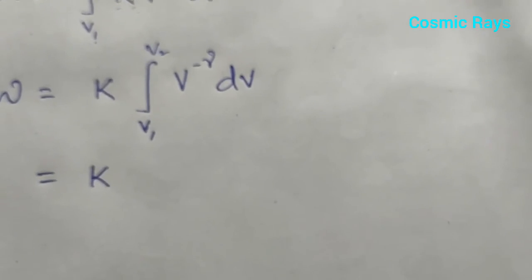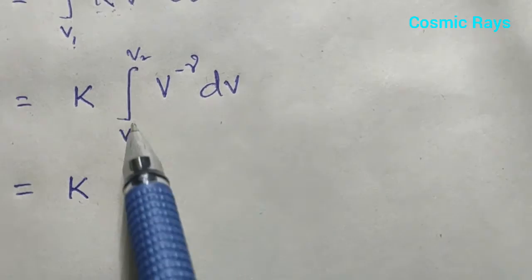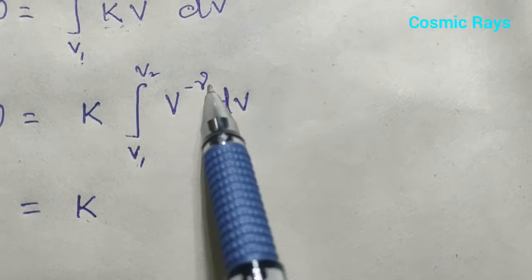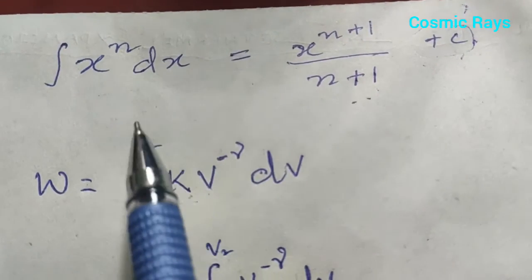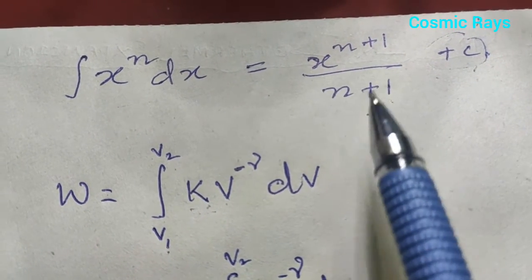So K comes out of the integration, and we have integration from V1 to V2 of V to the power minus gamma dV. We will use this formula, x to the power n dx equal to x to the power n plus 1 divided by n plus 1.